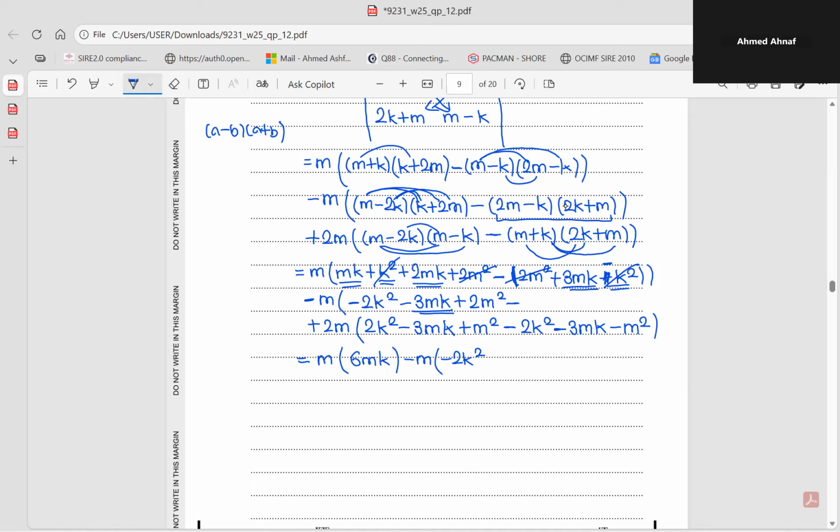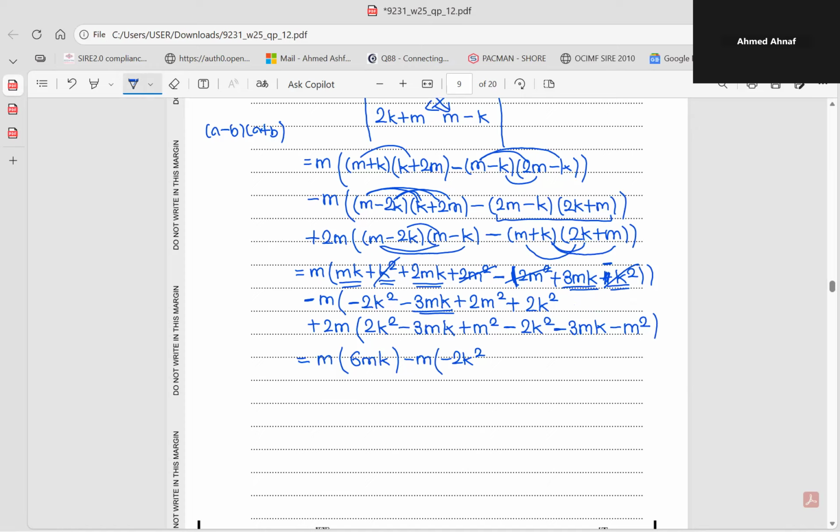So the k squared term is minus 2k squared. Wait, is it minus 2k squared? Oh yeah, it is. It is minus 2k squared, but since there's a negative sign outside, this was positive. And for the mk term, we have minus mk, plus 4mk.